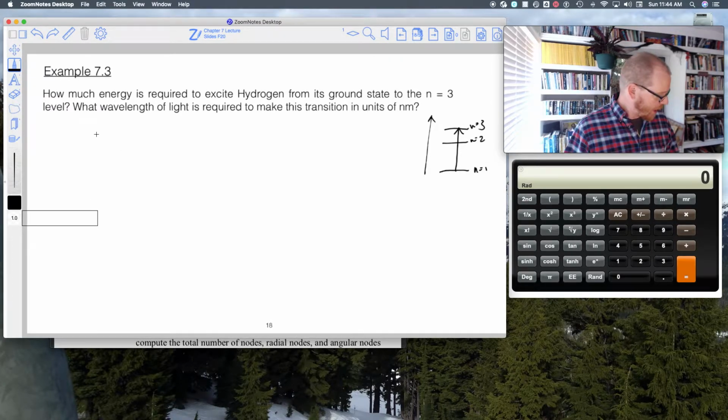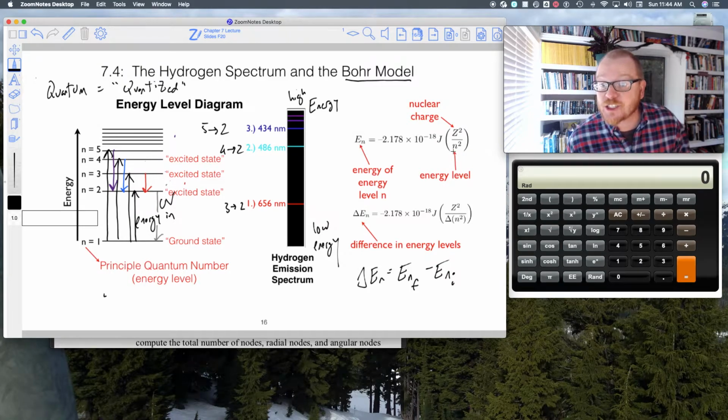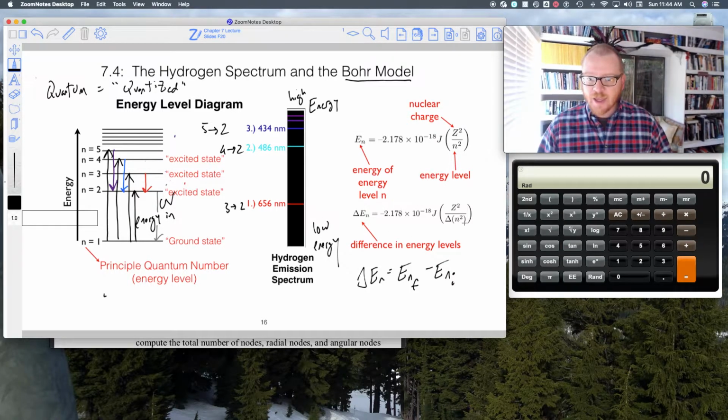Okay, so delta En equals negative 2.178 times 10 to the minus 18 joules. That's the Rydberg constant. And it's times z squared over n squared. When we make this delta, it becomes z squared over delta n squared.